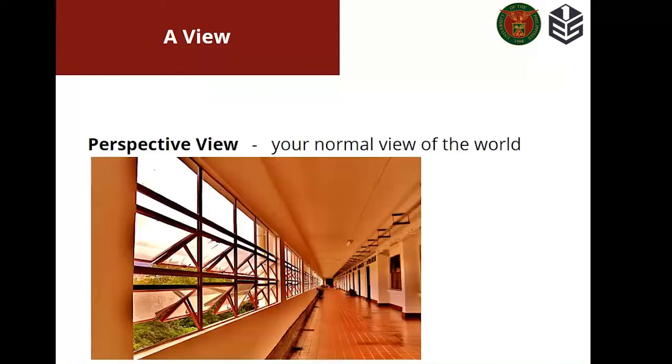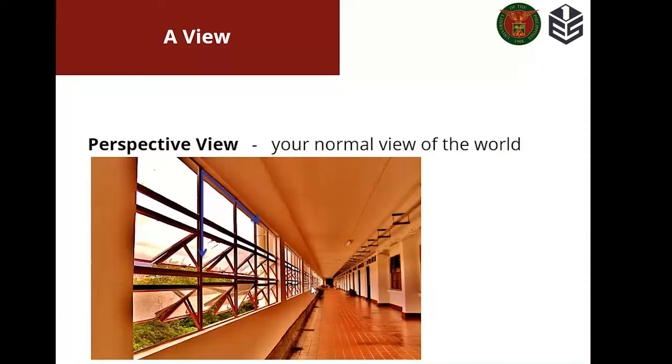For example, this is a picture of a well-known building here in UP. This is what we see normally when we do perspective view. I need you to see some key characteristics of a perspective view. First of all, if you get an angle of an object, and we know in real life that the angle of this window pane should be equal with the angle of the window pane somewhere farther away.